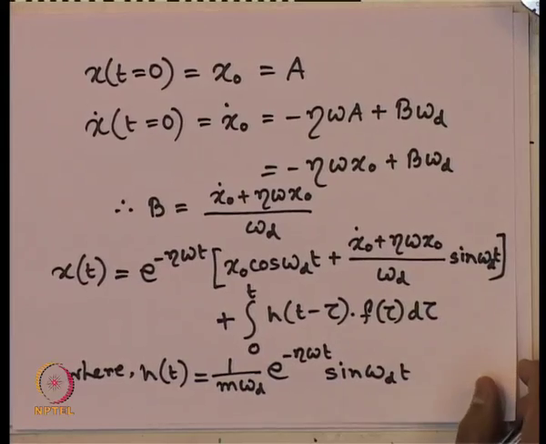Now, from this solution I can mention a special case, when the system is starting from absolute rest condition, that is the initial displacement and initial velocity are exactly equal to 0. What will happen?